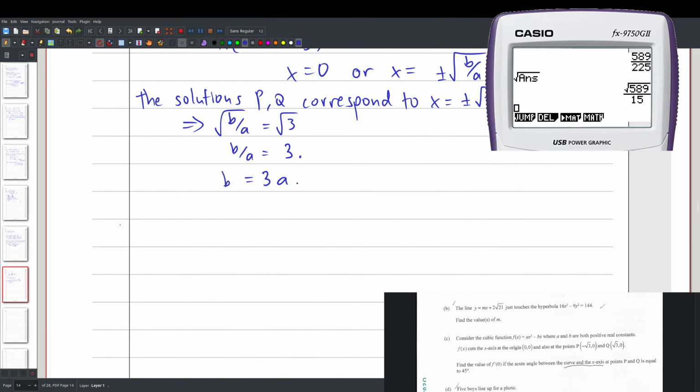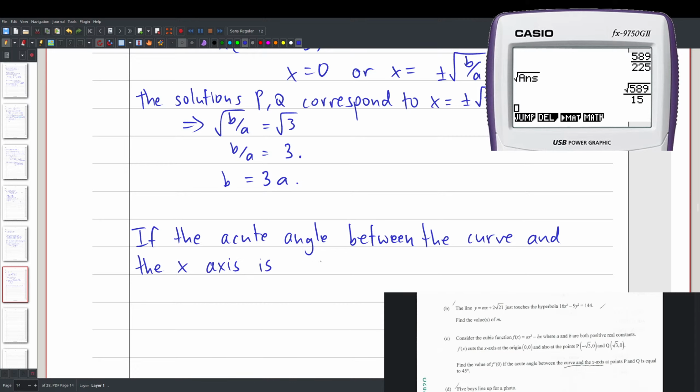If the acute angle between the curve and the x-axis is 45 degrees, then f prime of root 3 is equal to negative tan 45 degrees, equal to negative 1.